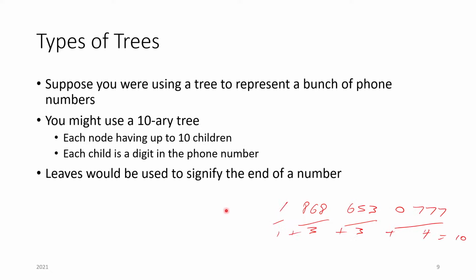To give you an idea of what this can physically look like, I'm not going to draw up the entire thing because I physically don't have space on the slide to draw it out. It would be like, okay, all international numbers must start with 1. Then it can be 8, and then this must go 6, and this can go 8.